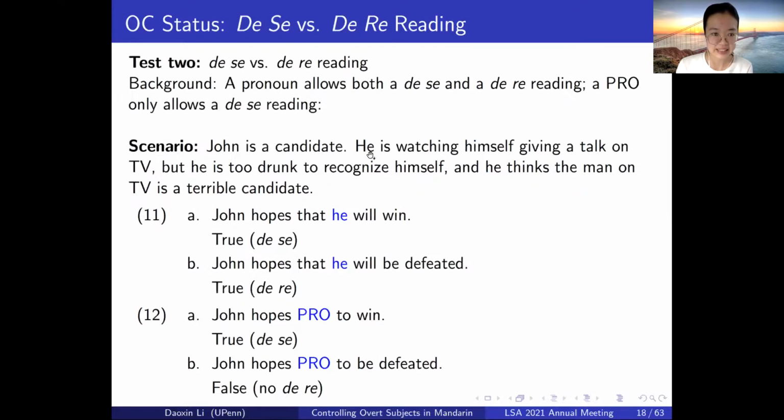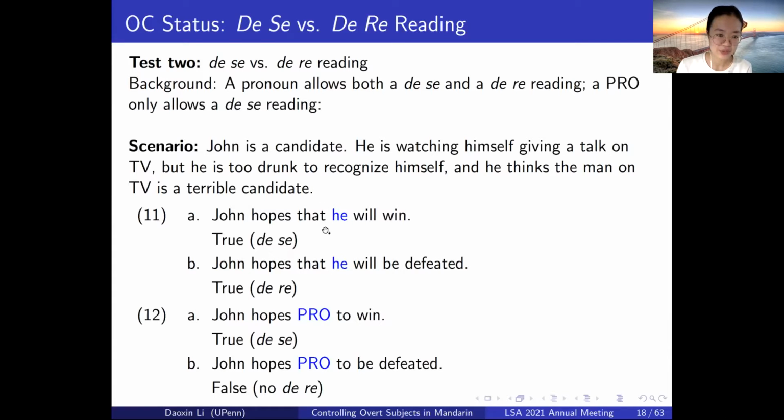The next test is daisy versus dairy reading. So a pronoun allows both readings, but a big pro only allows a daisy reading. Now in this scenario where John is a candidate, he is watching himself giving a talk on TV, but he's too drunk to recognize himself, and he thinks the man on TV is a terrible candidate.